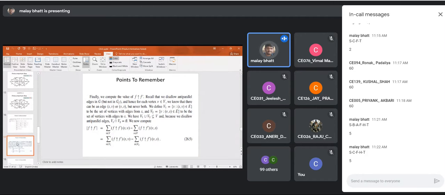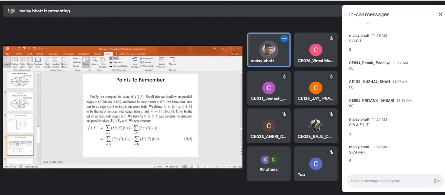Now this is a general equation: f augmentation f' of (S, V), that is the outflow augmentation value from the source node S minus the inflow to the source node. So outflow minus inflow will be the actual flow value.